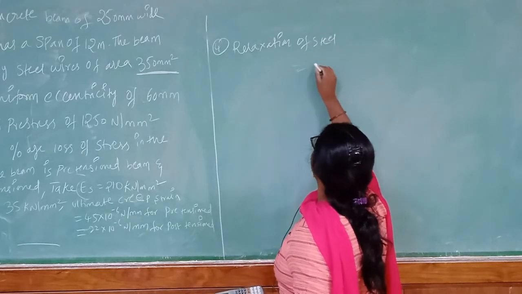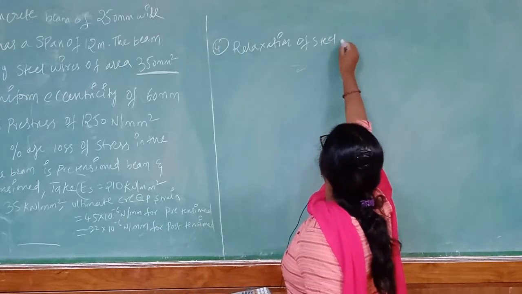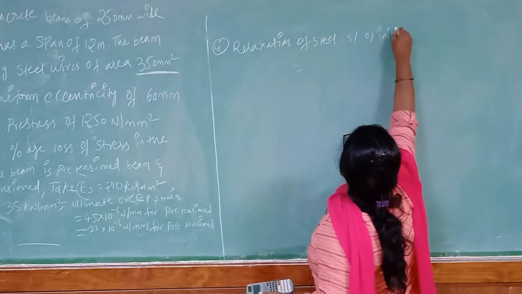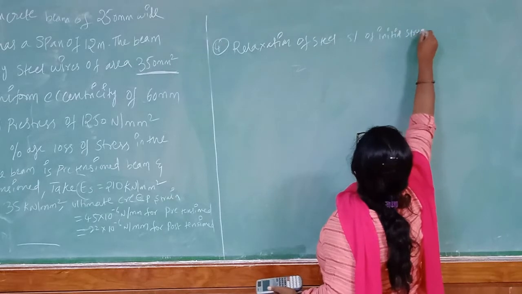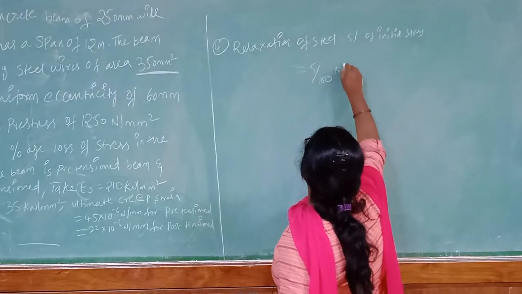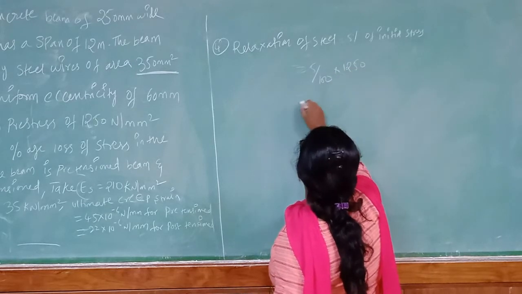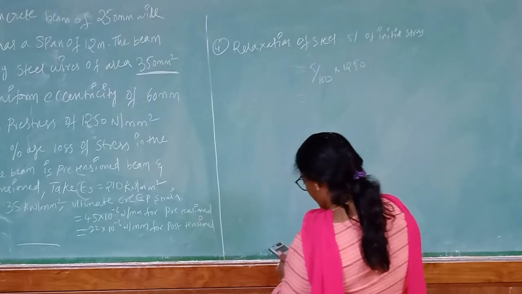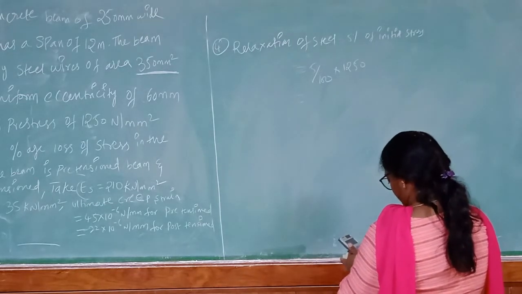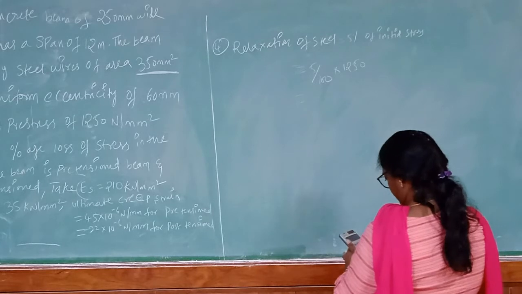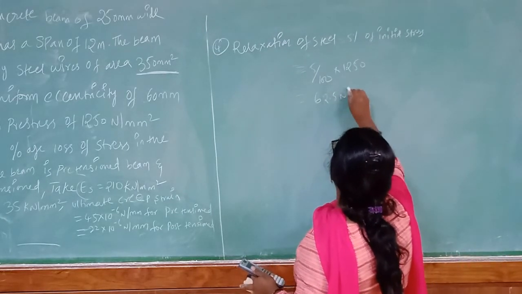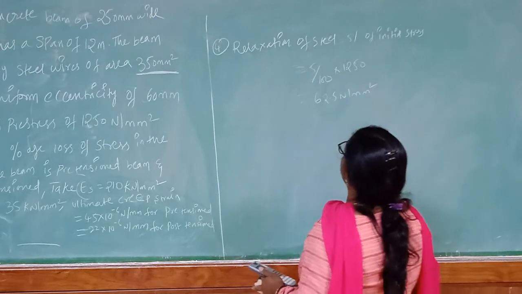Relaxation of steel here is equal to 5% of initial stress, which is nothing but 5 by 100 into 1250. So how much are you getting here? The value will be the same as previous, 62.5 Newton per mm square.